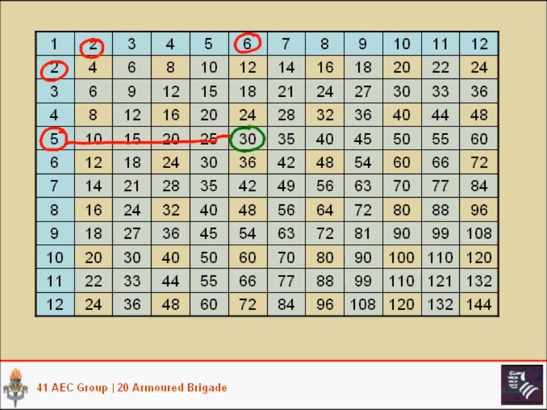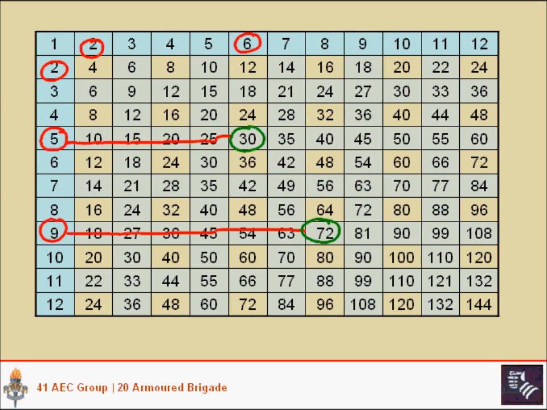Let's see if we can work out 9 times 8. We start off at 9, and move across 8 places. The answer is 72. This is so easy to use and saves a lot of time, so it's worthwhile getting used to writing one out quickly when you need it.